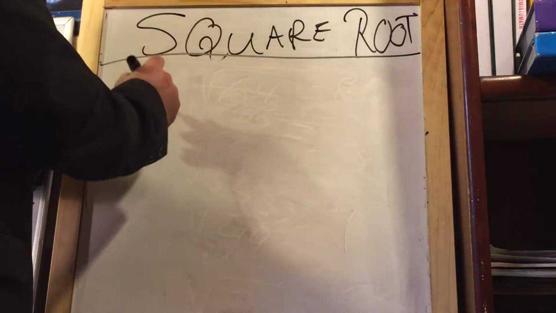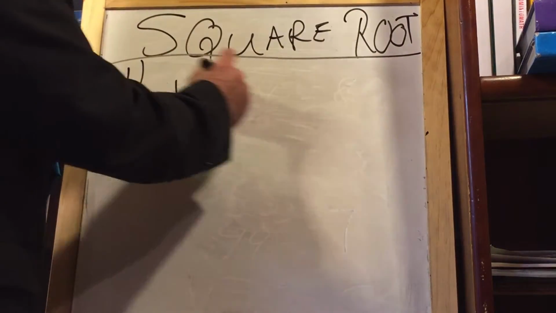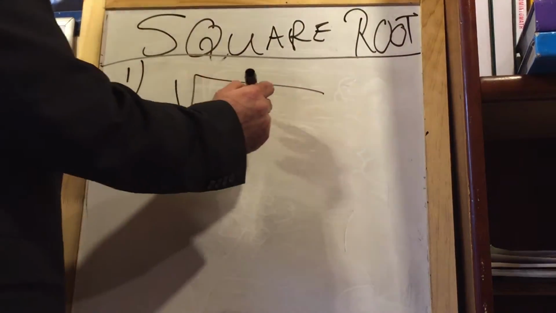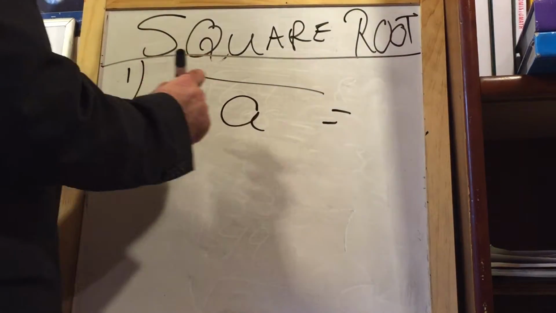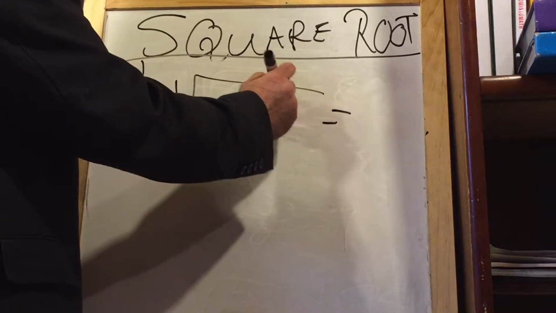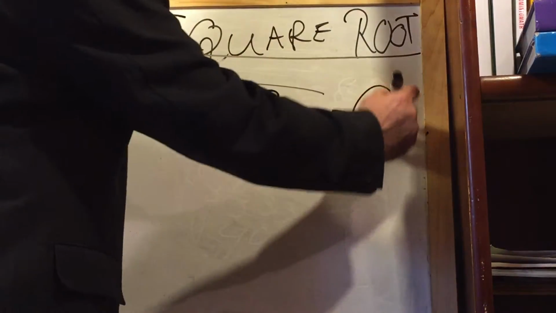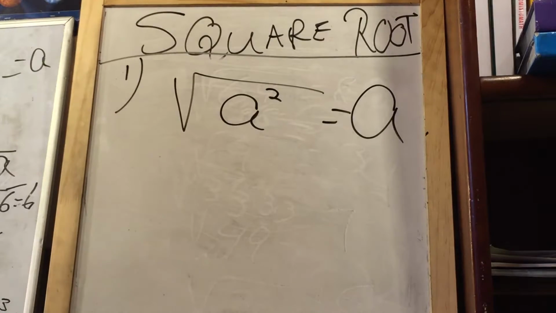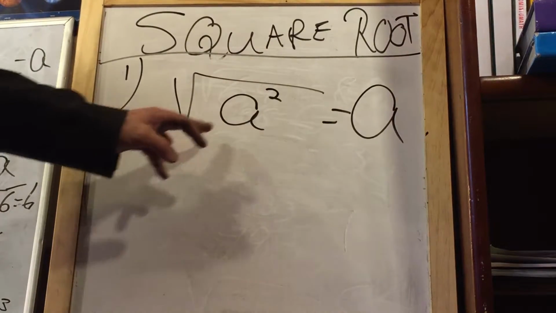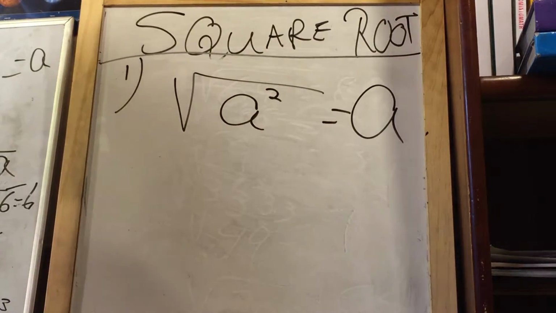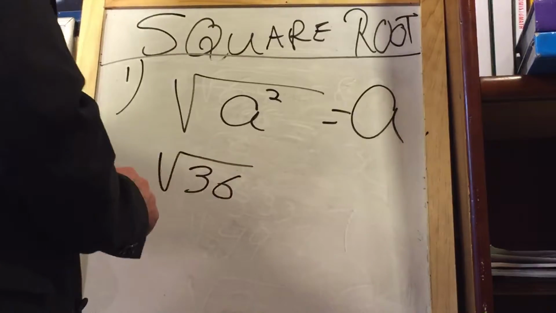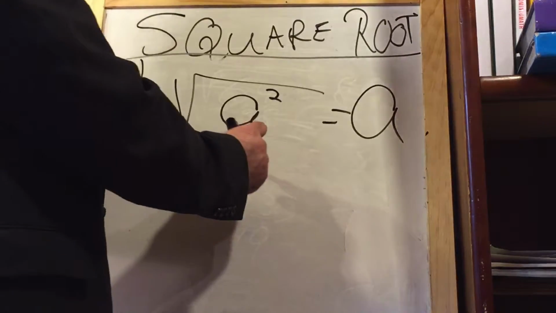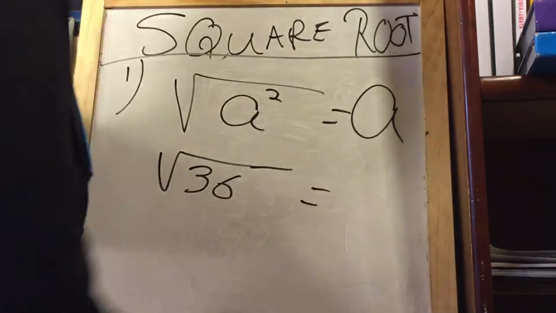First rule is any square root of a squared number is the number itself. Square root of a square equals a. That is the first rule. Square root of a square equals a. For example, if we have square root of 36, equals 6.